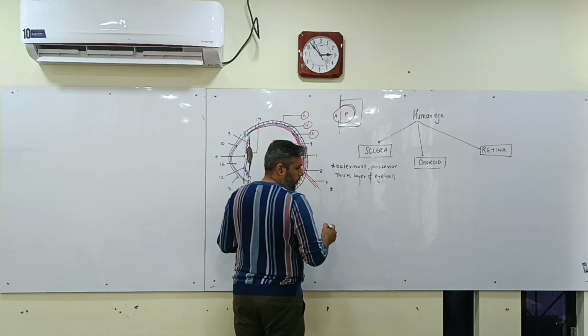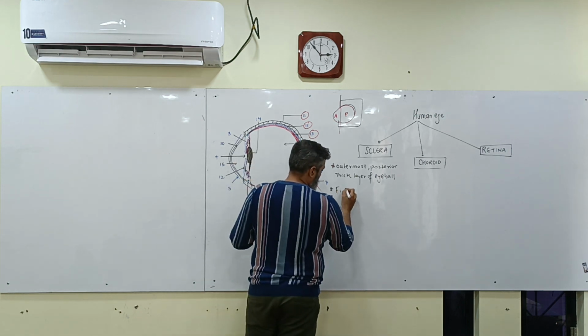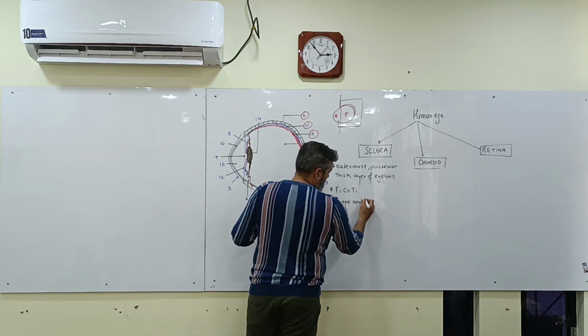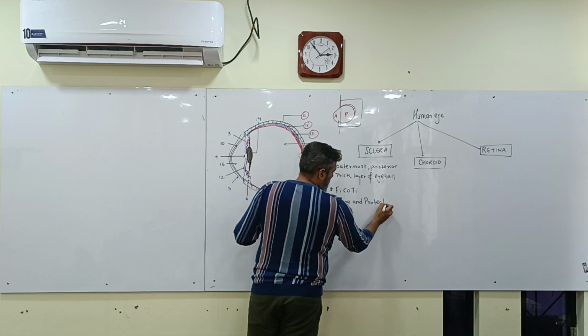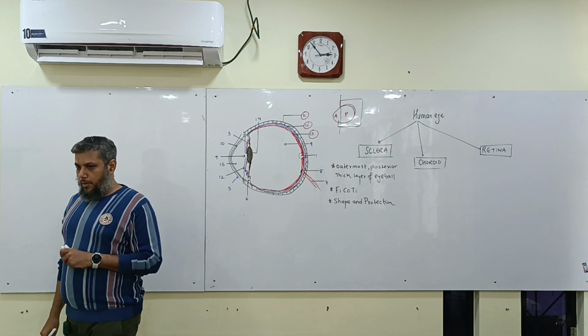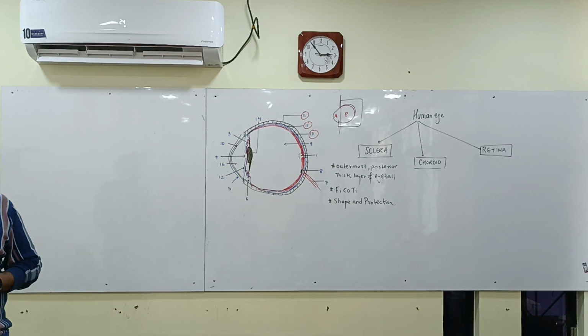It is made up of fibrous connective tissues, and it gives shape and protection to the eyeball. So, what's the function of the sclera? It will give shape and protection to the eyeball.